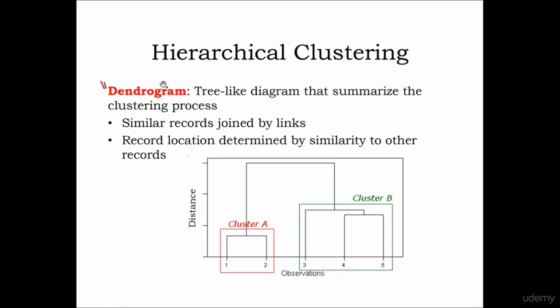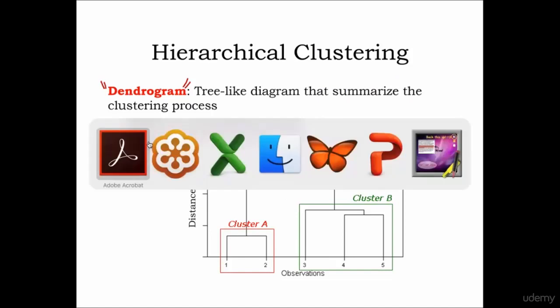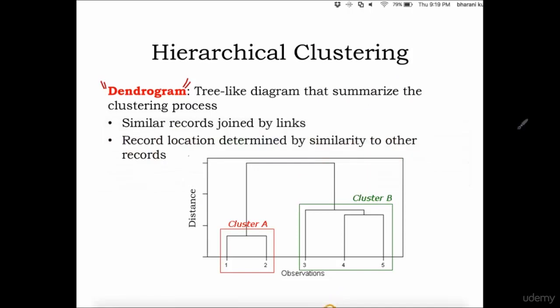There is something called a dendrogram. This is a tree-like diagram that summarizes the clustering process. The distance between record 1 and record 2 is given using the distance from here to here.